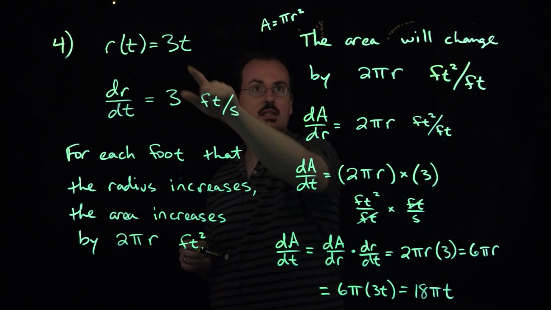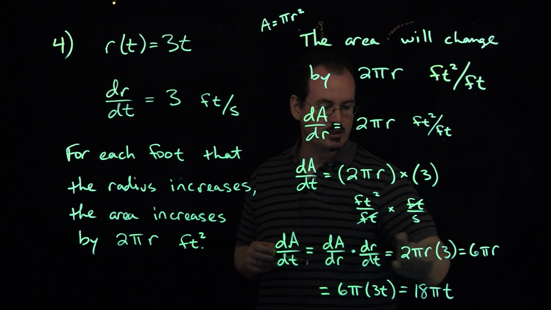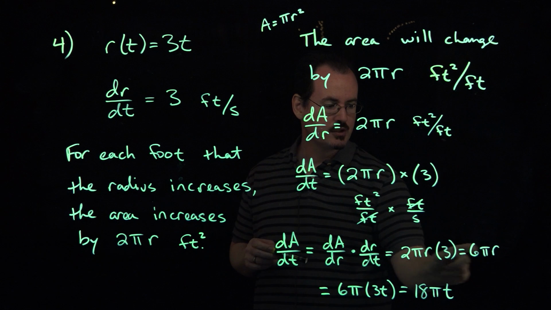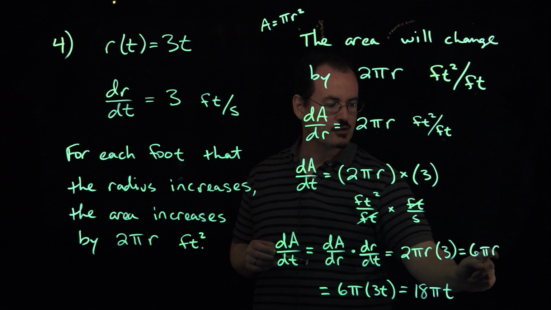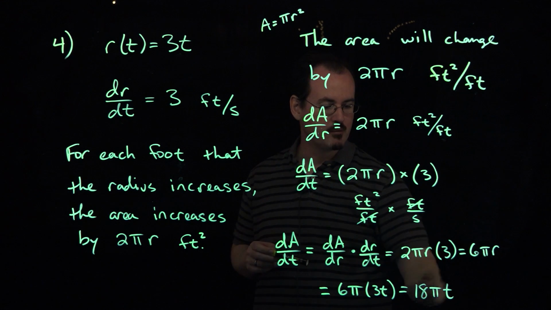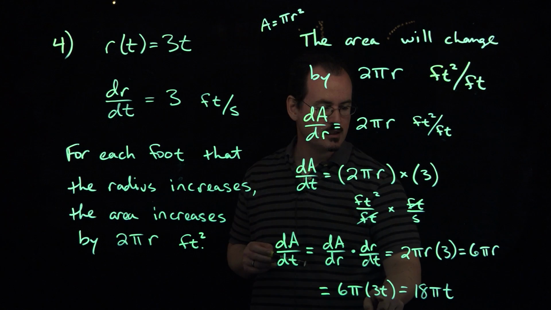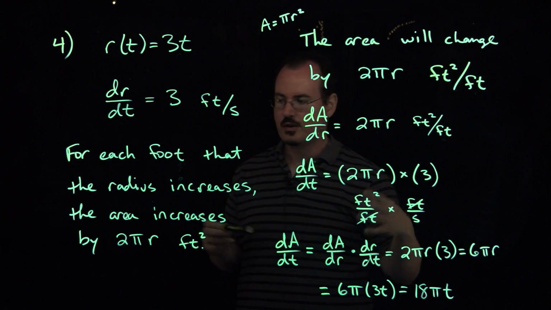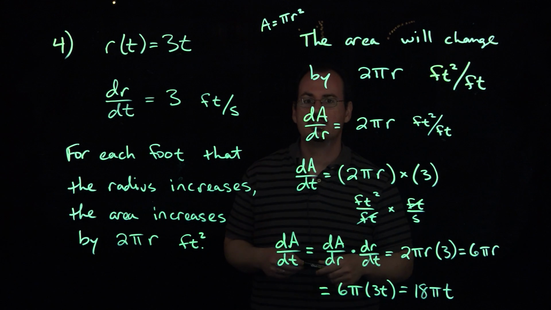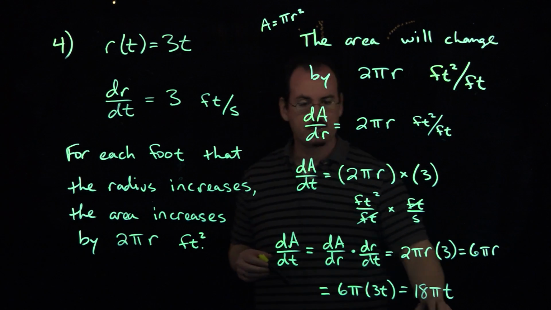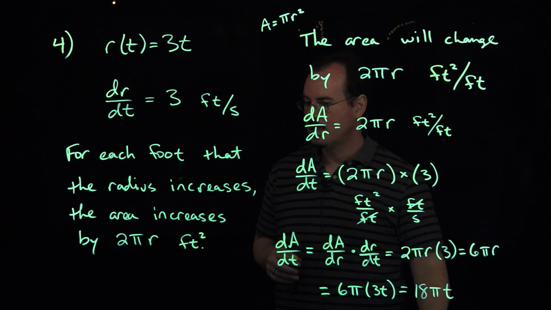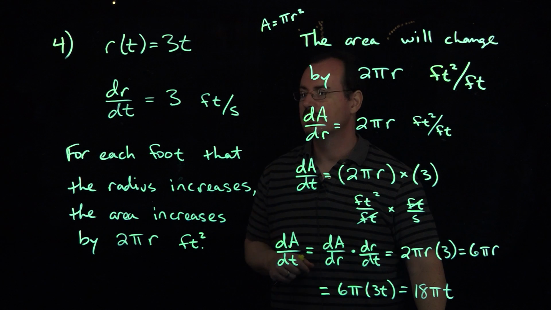So that's 3t. So then I multiplied by its derivative here. That's the dr dt. Put those together and I got this. But then I have to also remember that r was a function of time. So I changed it. And then I just multiplied here. So I know this is probably a little bit confusing when you first see it, but hopefully with a little bit of practice we'll see how this works more in the context of word problems.